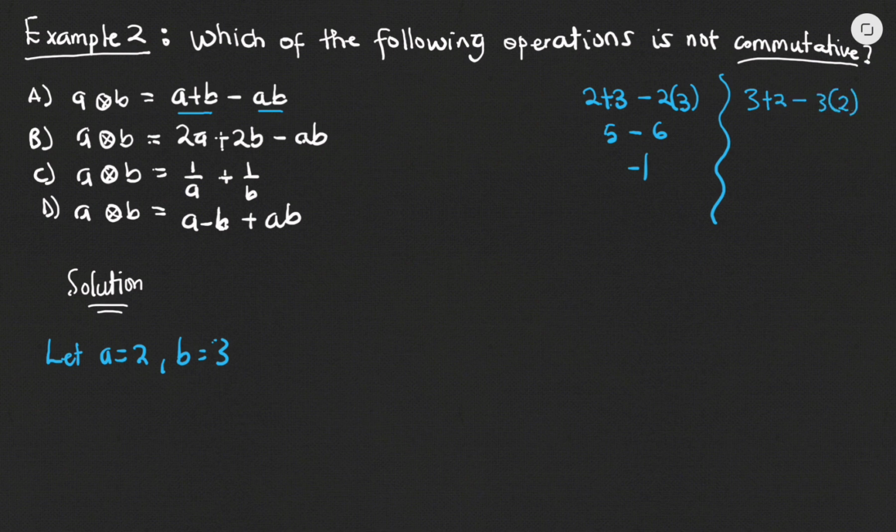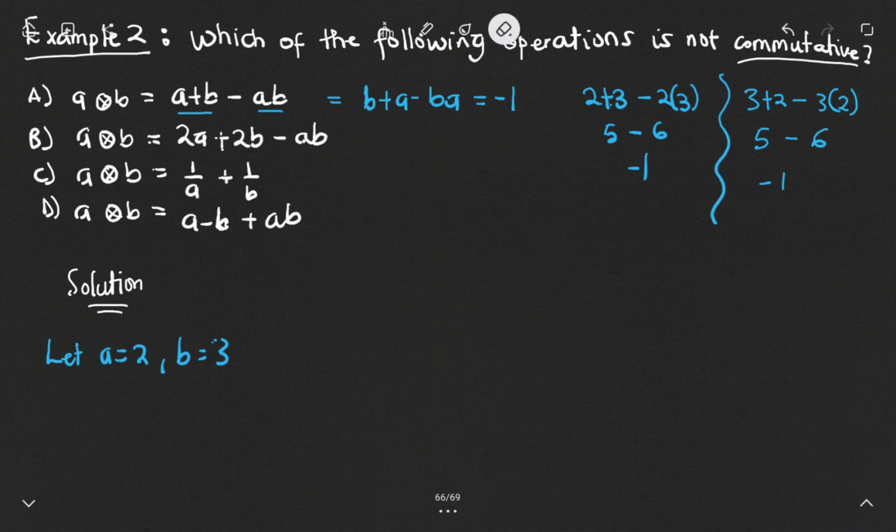That is, B is now coming first before A, which in this case will be B plus A minus BA. So this part should be equal to this part. If I do that, I'm still going to get 5 minus 6, and then it will give me -1. So regardless of what I do, I'll get -1 even if I change the position. So it tells me that A is commutative.